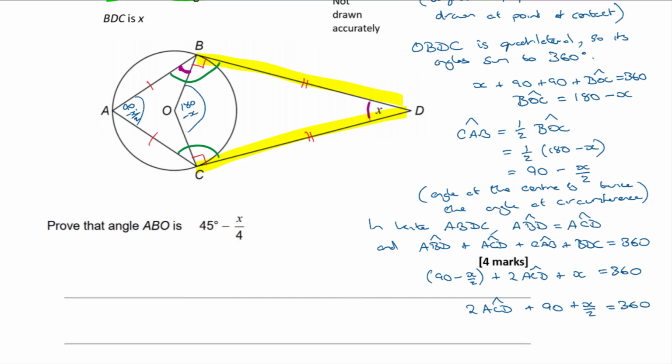So taking 90 away from both sides, and the X over 2 away from both sides, I'm going to get 2ACD is equal to 360 minus 90, which is 270, minus X over 2. Then dividing it by 2, just one lot of ACD is going to be half of 270, which is 135, minus half of X over 2, which is X over 4.